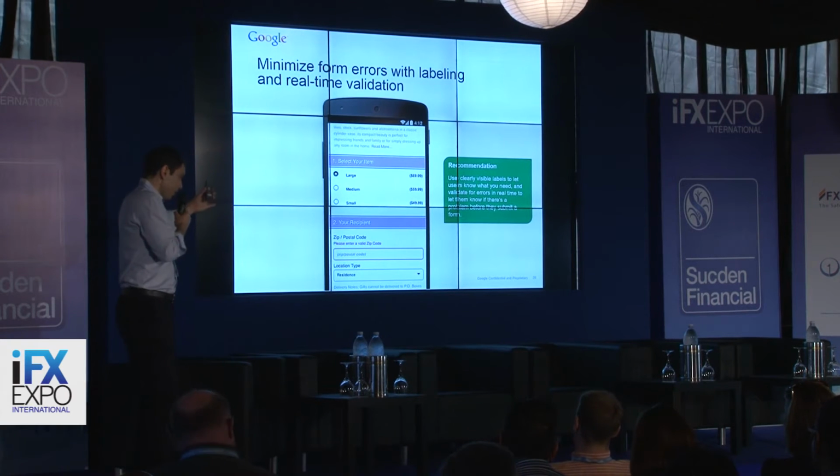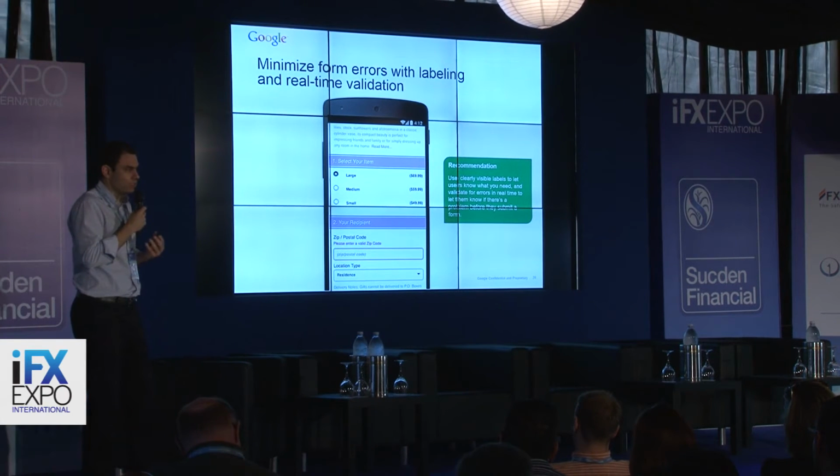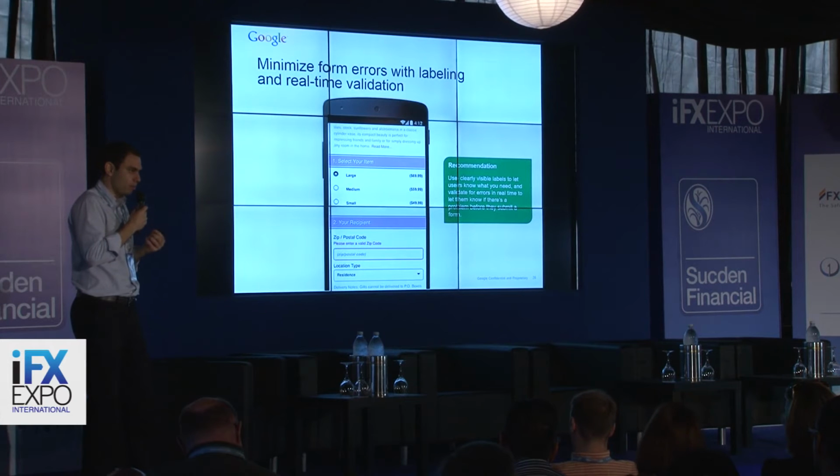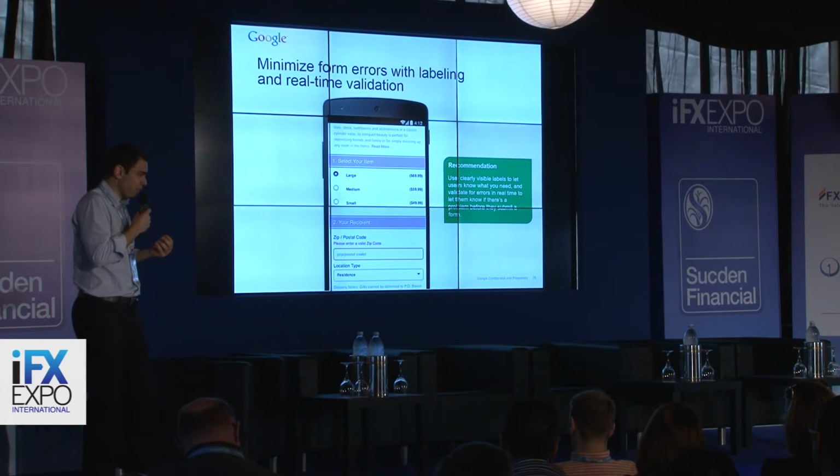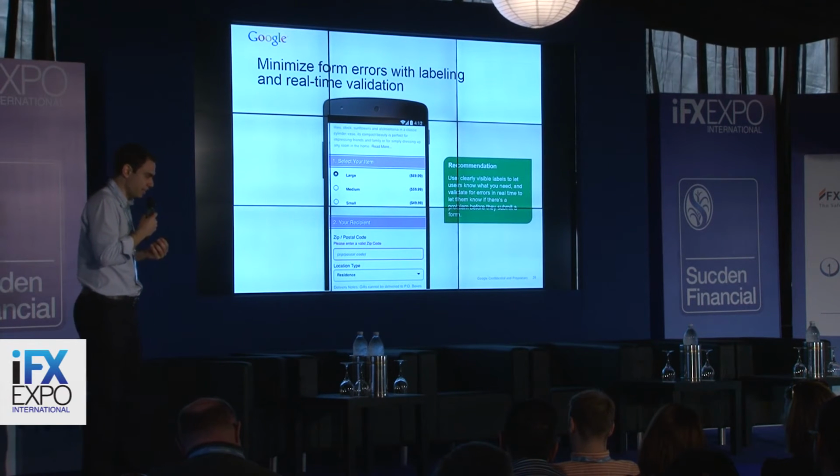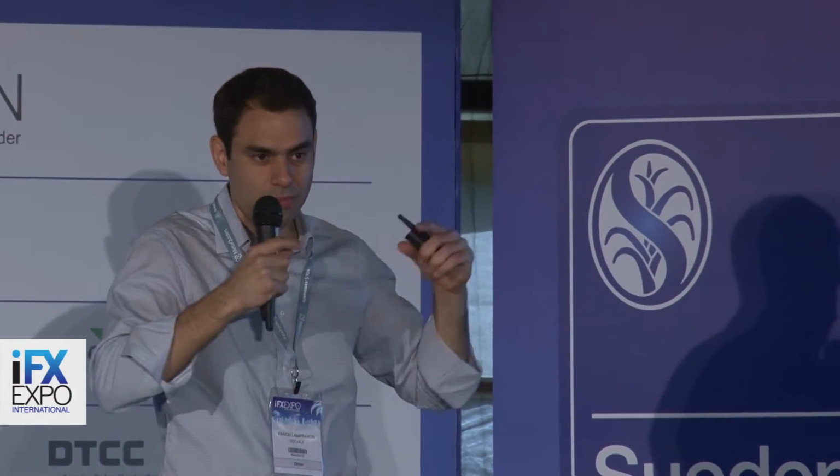You need to help the users identify their mistakes. So here is a nice example. If someone forgets to write their zip code, there's a red indication saying that you need to go back and fill it in.